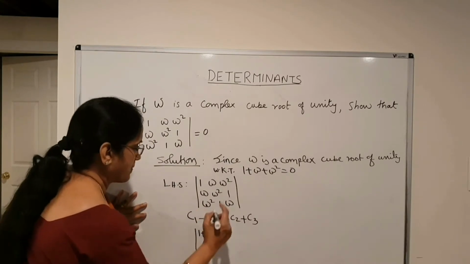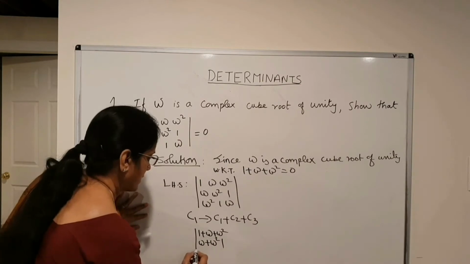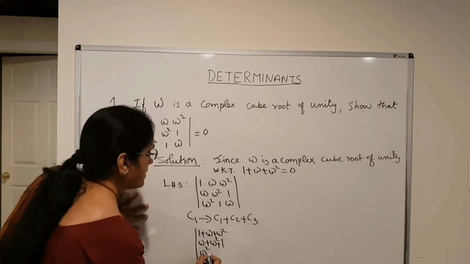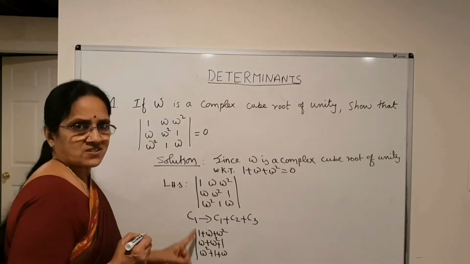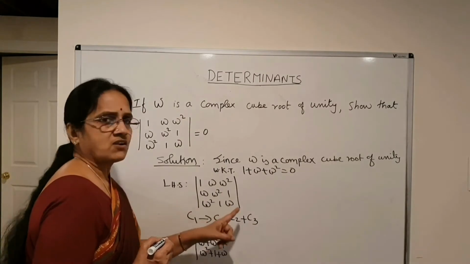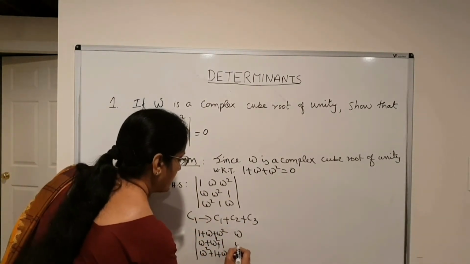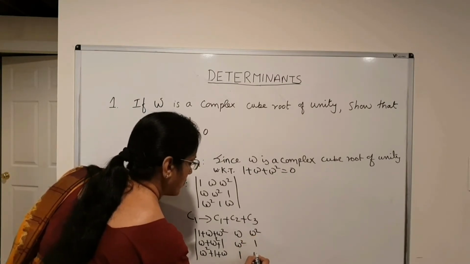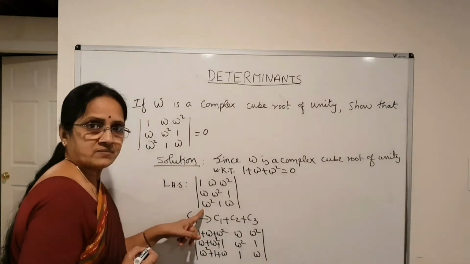The second row also, what will happen? Omega plus omega square plus 1, then omega square plus 1 plus omega. This will become my first column. Second and third columns will remain the same. So I will be having omega omega square, 1 omega square, 1 omega. This is what I am getting when I make this operation.